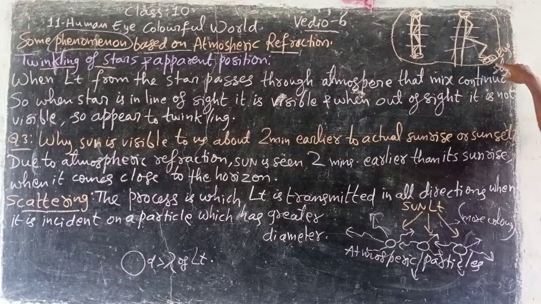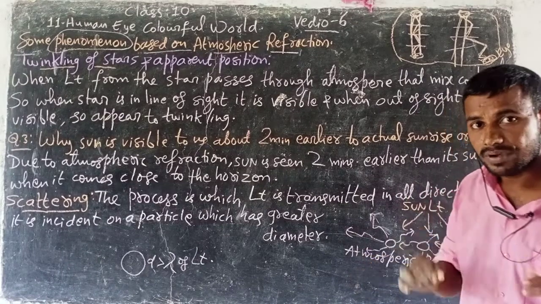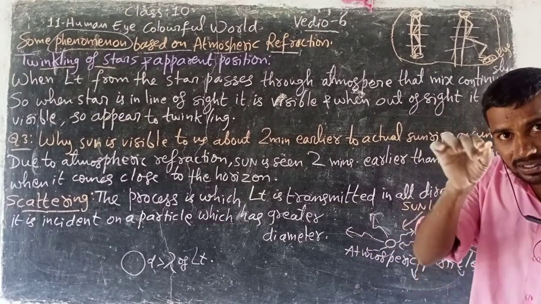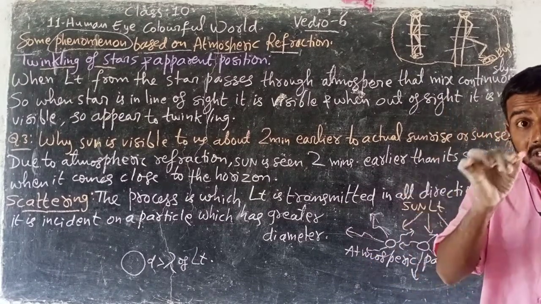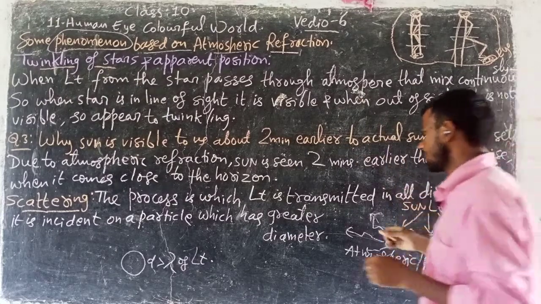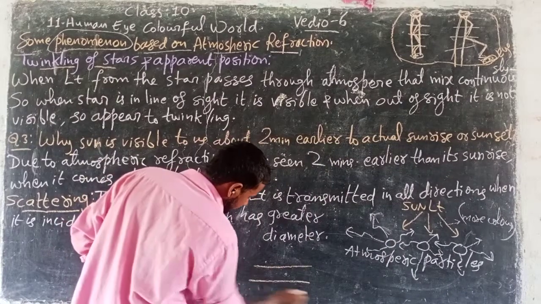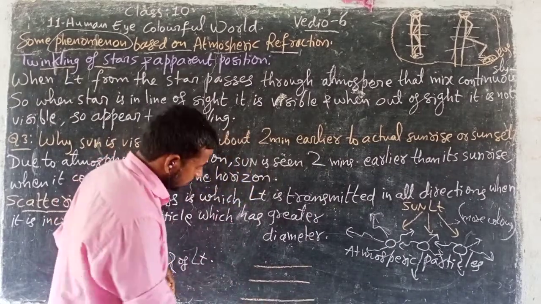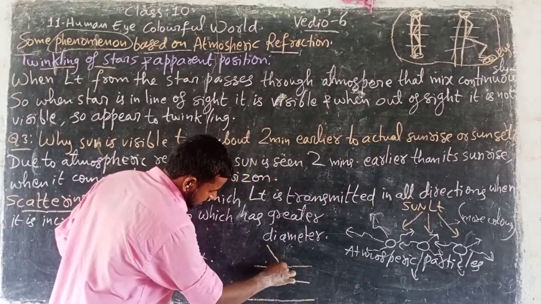For example, the eye is here, the star is there. The star's sight line is this, but when the star's light is crossing, refracting with the help of atmospheric layers. Already I told you, the atmosphere contains layers. From this layer to this layer, this layer to this layer.